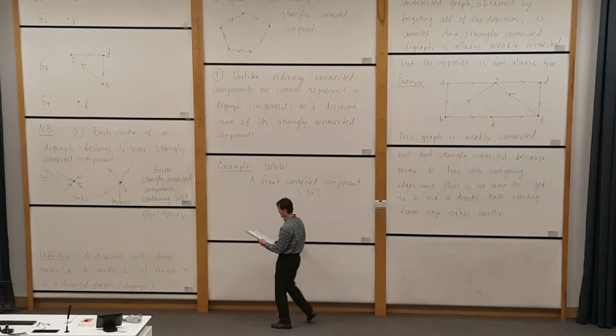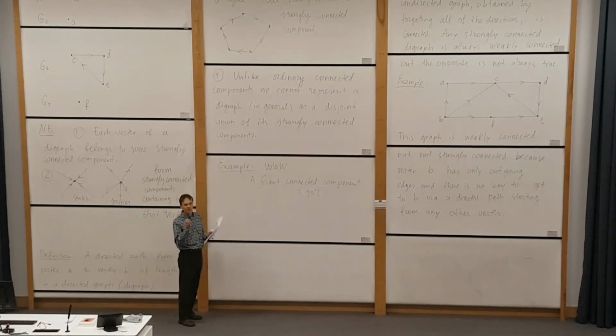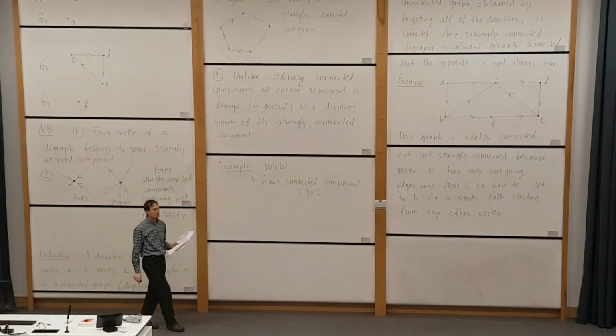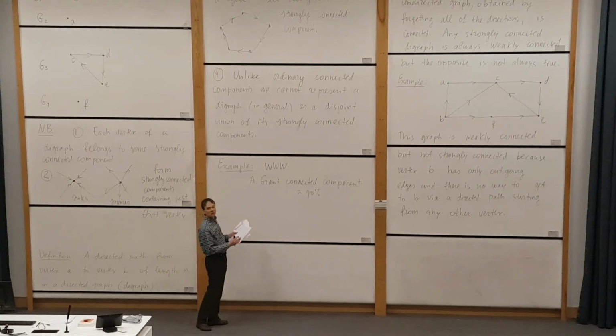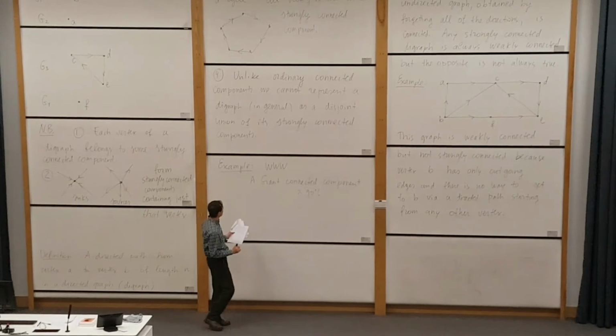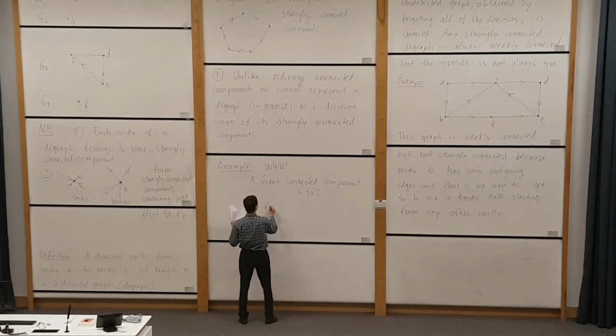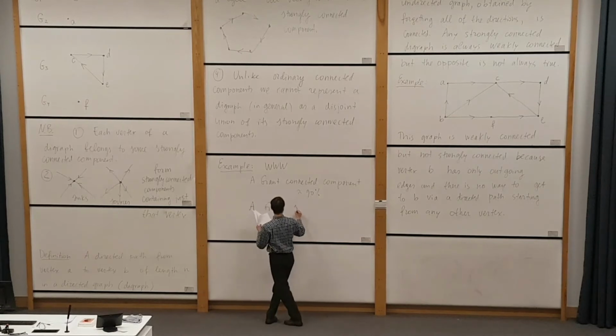And it also has a giant strongly connected component, so that if you start from any web page in that strongly connected component and you start following the links, which is like following your directed edges, you can reach any other web page in that component. It's smaller, about 25% of all web pages.